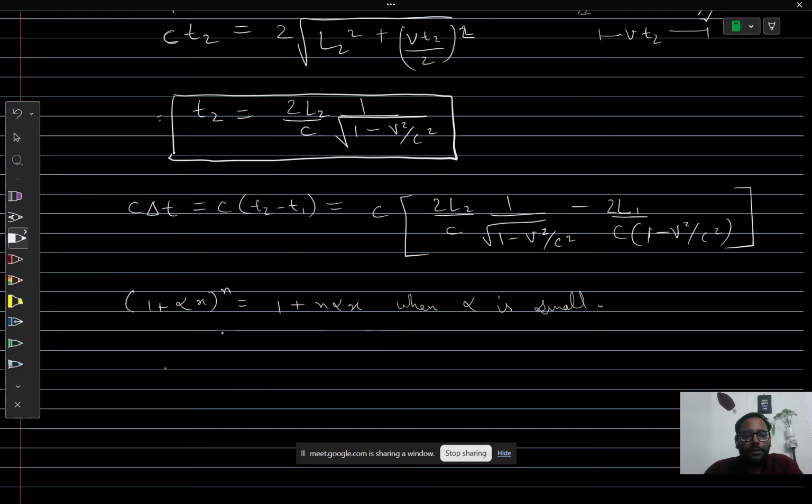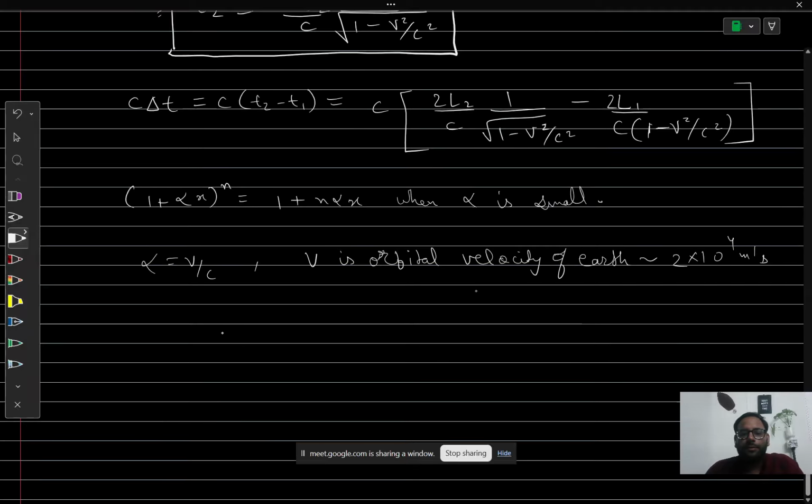Here it is v by c, and v is the orbital velocity of Earth, which is roughly 2 into 10 to the power 4 meter per second.